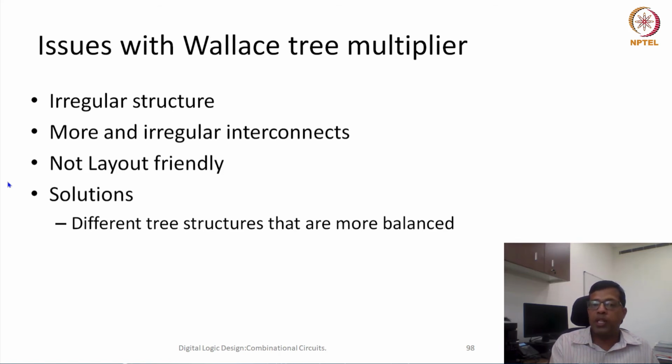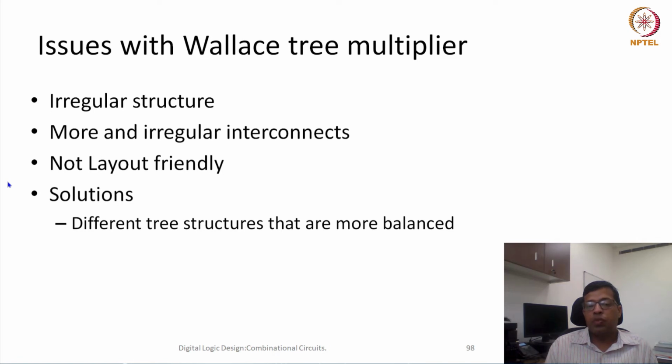It's not that one bit is always going to the next adder. So the overall technique is said not to be layout friendly. Layout friendly means that it is rectangular in nature. In some stages the number of adders is more, in others it is less. To address this irregularity, layout issues, and irregular interconnect, some people have provided different kinds of tree structures.